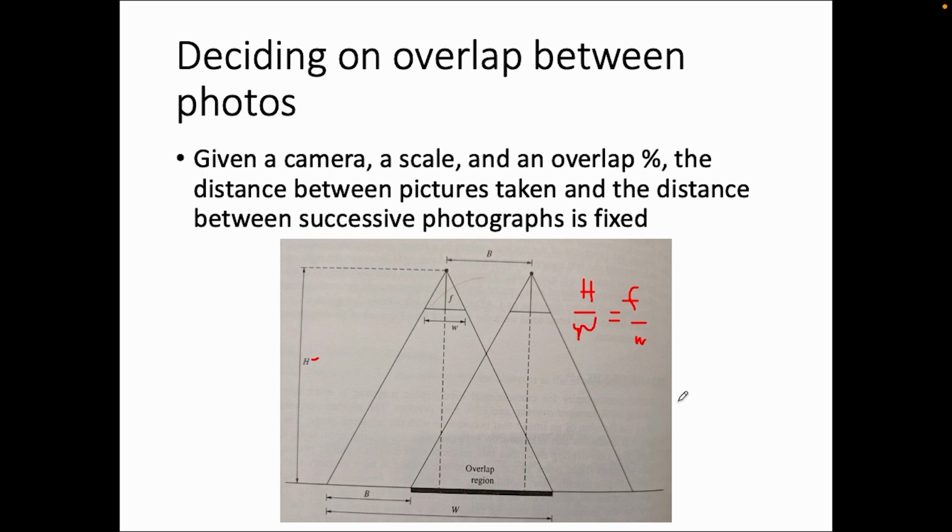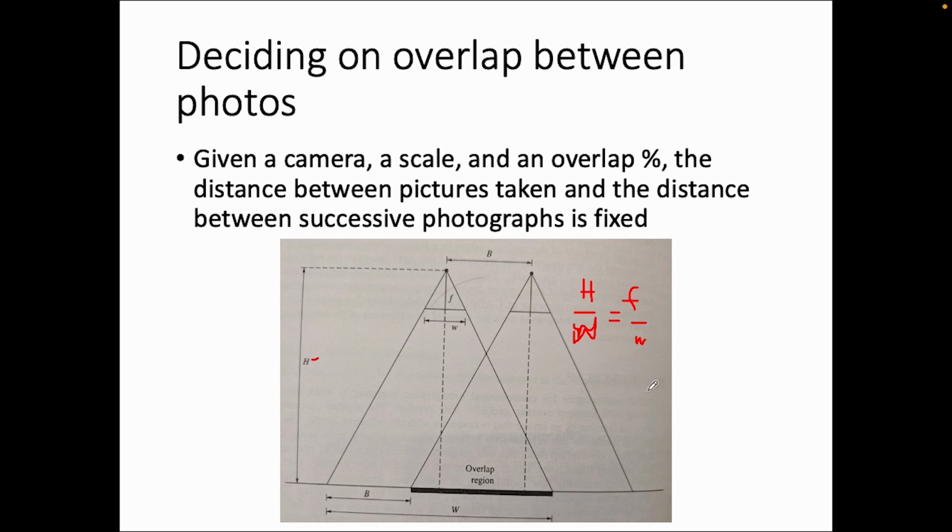So H over big W is equal to focal length over little w, the sensor size. From this relationship, we can work out how far apart the camera needs to be in order to have a particular overlap, or how much overlap we would have for a particular distance between cameras. So we can go back and forth between these notations. By having 3 of these 4 parameters, we can work out what the others are.